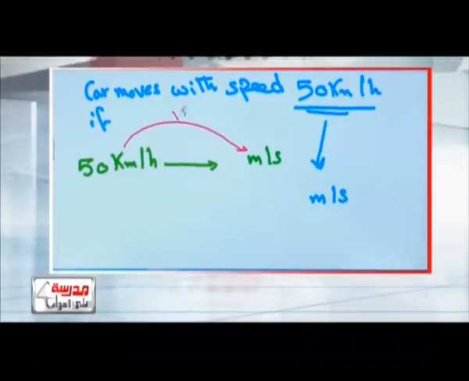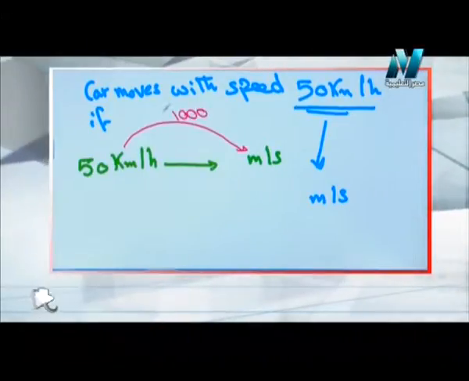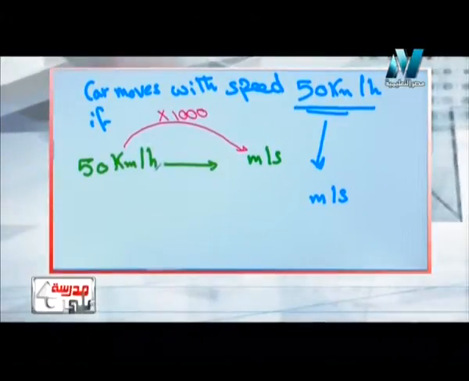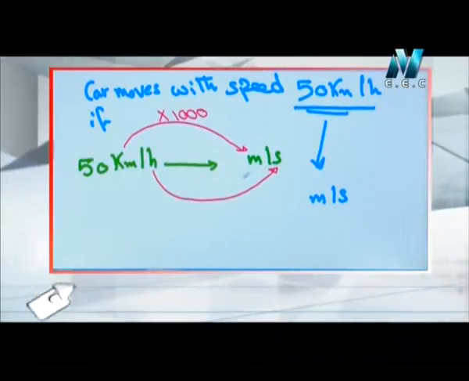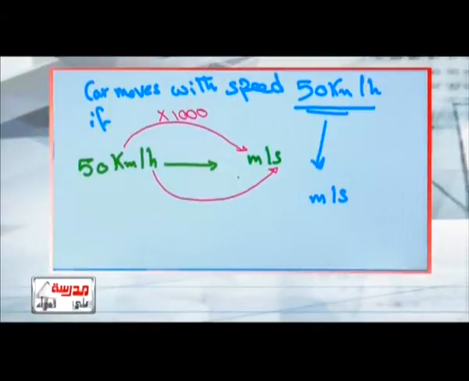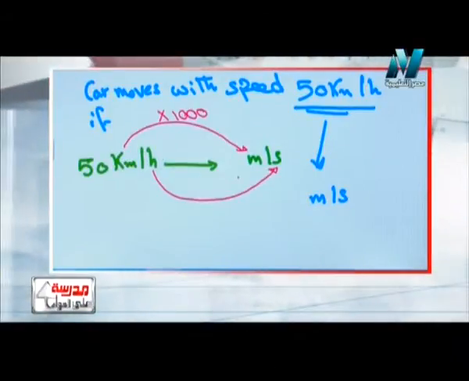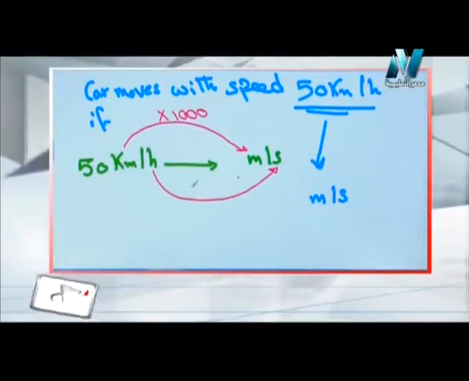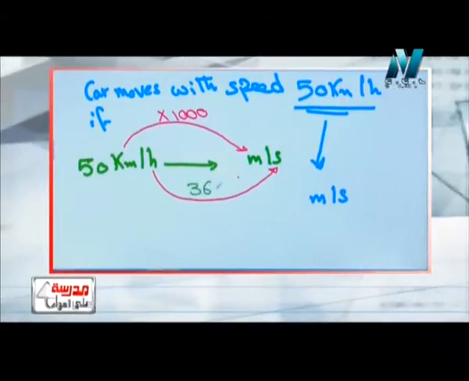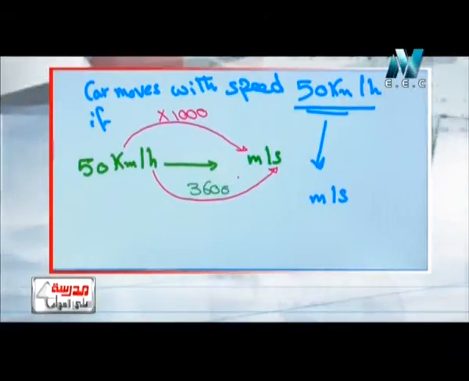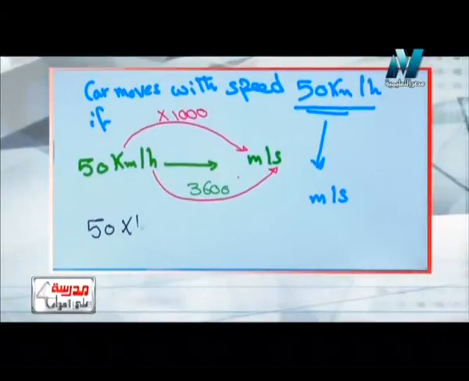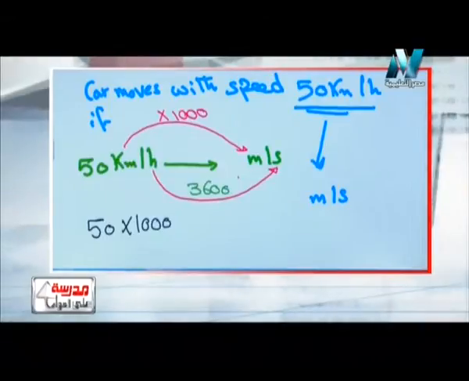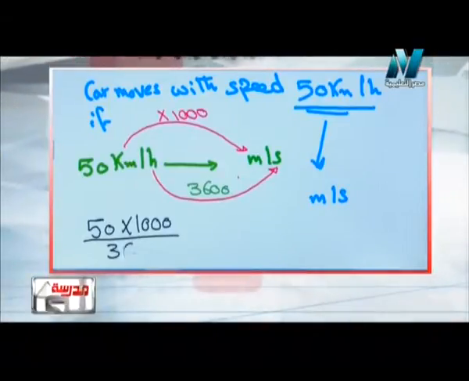It has 1000 meters. So we multiply with 1000, and each hour contains 60 minutes and each minute contains 60 seconds. So the hour here is 60 times 60, that is 3600. So we make 50 times 1000 over 3600.